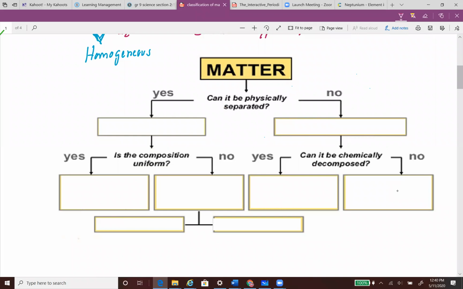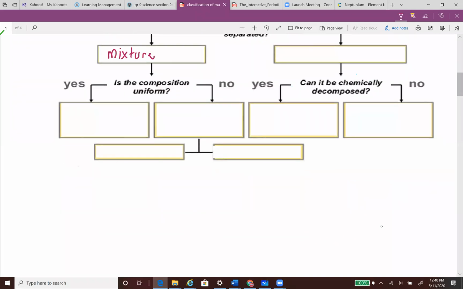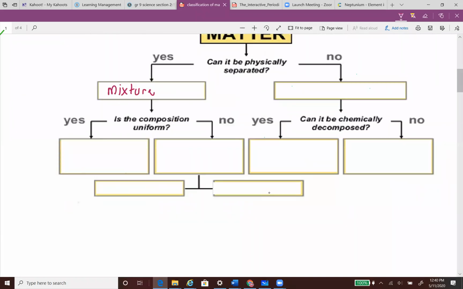Okay. If the answer is yes, then it's called a mixture. Now, what does that mean? Okay, I'm going to explain that. Actually, let's look at the opposite. If I can't physically separate that, then that would mean it's a pure substance.